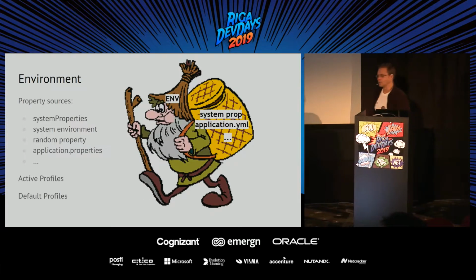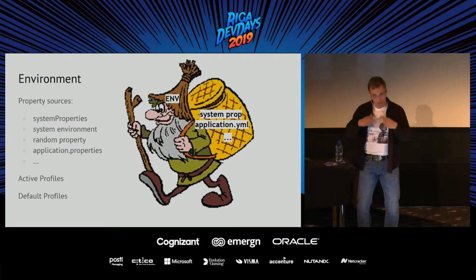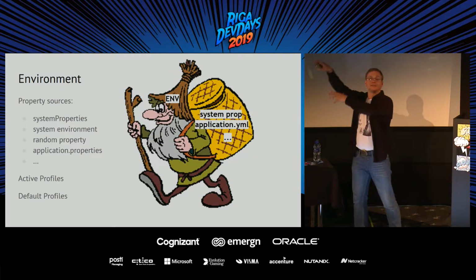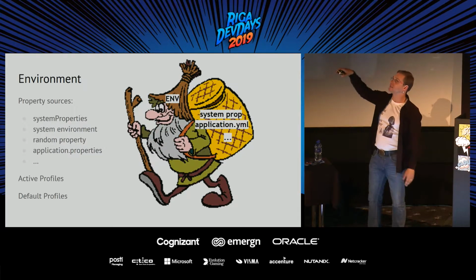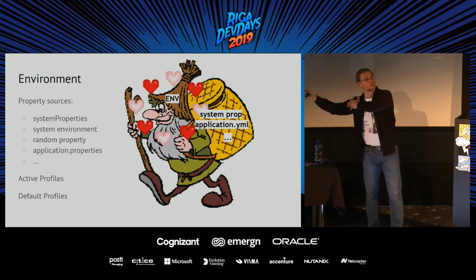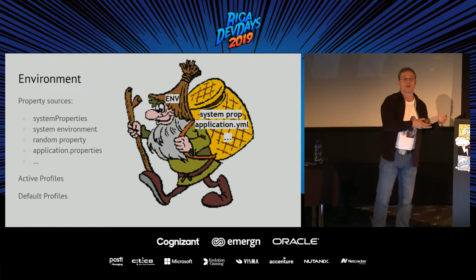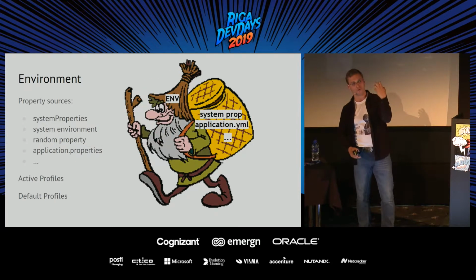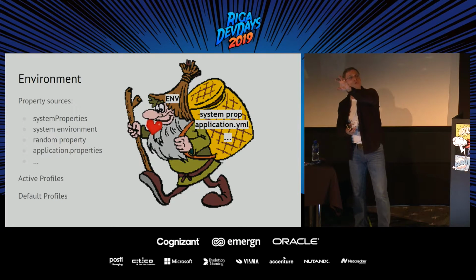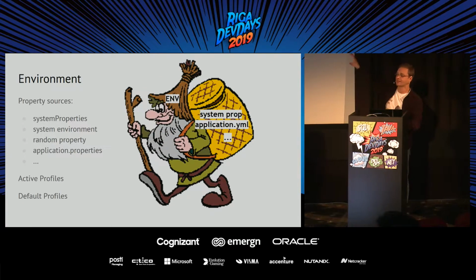The environment object is built by SpringApplication even before the context is built, and all the properties are grabbed inside it. The system properties, environment properties, application properties, the information about profiles, all this stuff is inside the environment object. The environment object is built before the context. When the context is built, the first thing provided to the context is the environment object, and the application context initializer is working at that moment.